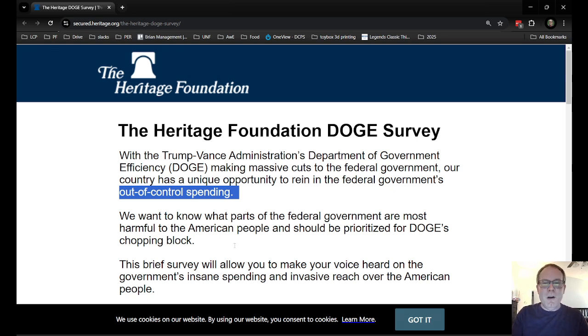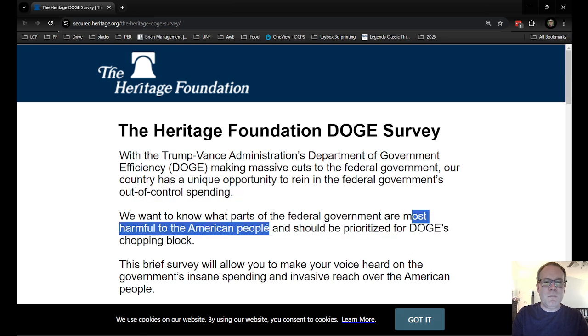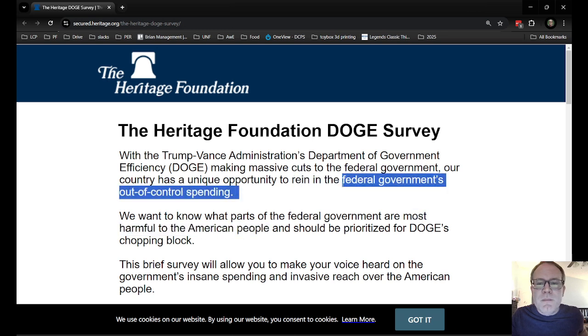We want to know what parts of the federal government are most harmful to the American people. That's a really good premise. Like, that's kind of a 180 there. Yes, please, by all means, let's find out what parts of the federal government are harmful to the American people. But it's at odds with this previous statement about reining in out of control spending. Which is this survey about?